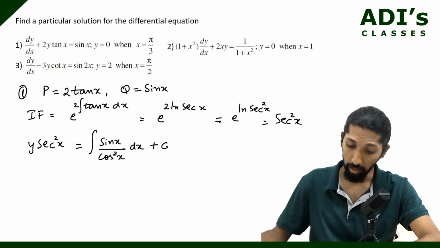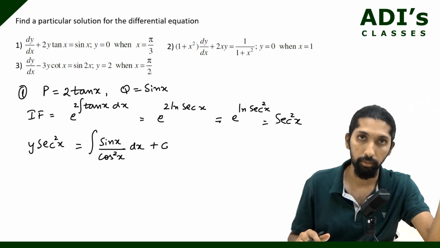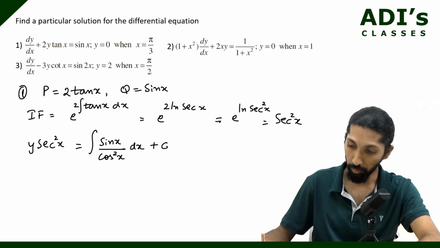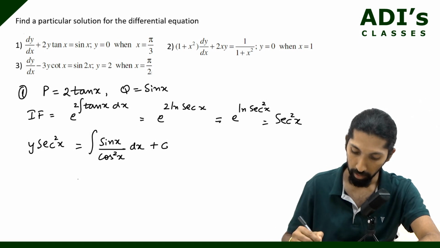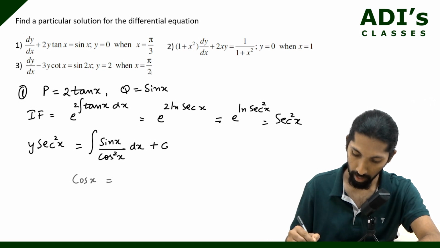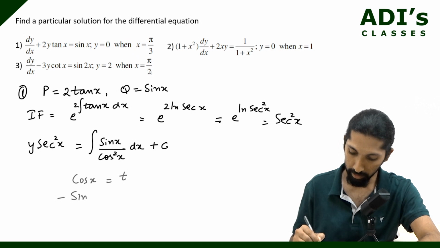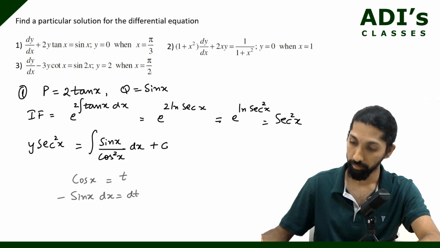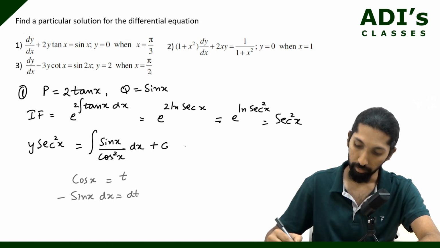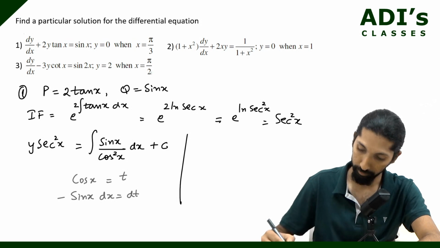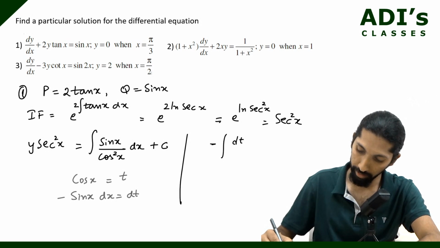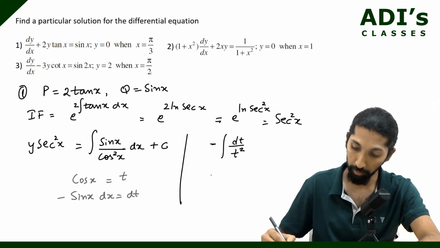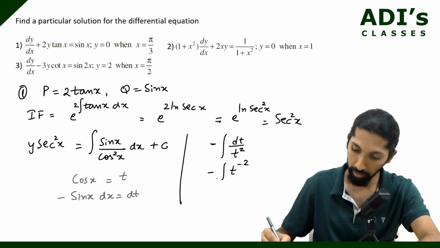Fair enough. Now you can use the substitution method, right? Take cos x as t. Very simple. So we substitute. Take cos of x as t, minus sin x dx is equal to dt. Right? So we are going to have only the integral part, minus dt divided by t square, correct? Which is nothing but minus t power minus 2 dt.